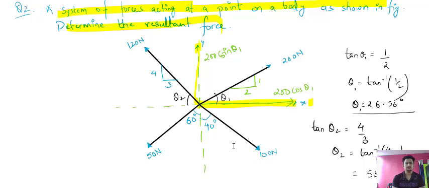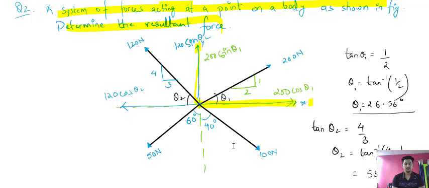Now take the other force, that is 120 Newton, at angle theta 2. The component in this direction will be 120 cos theta 2, and in the y direction 120 sine theta 2. Now these two forces have been resolved.